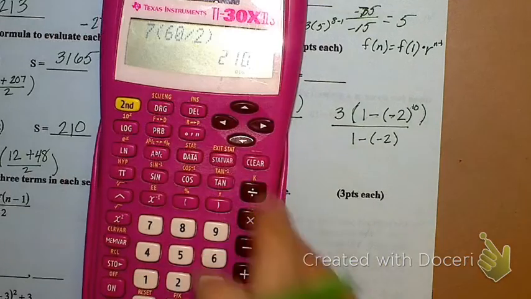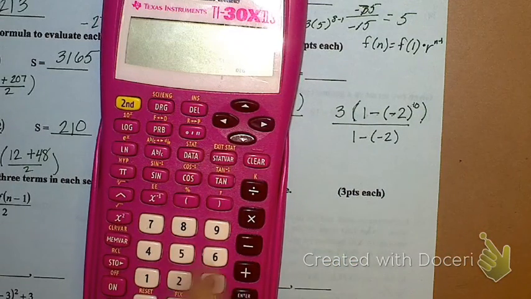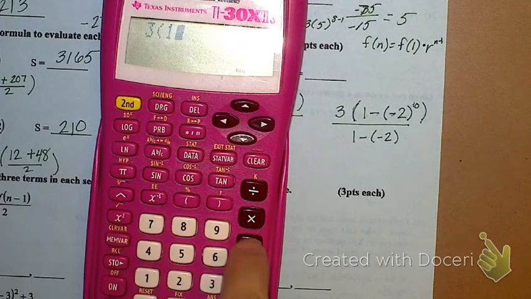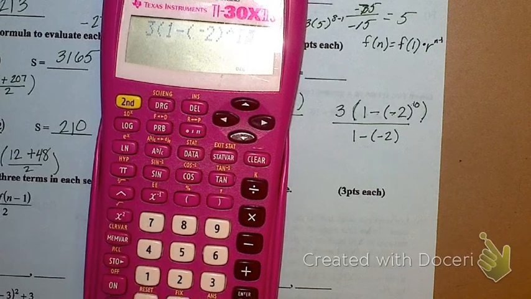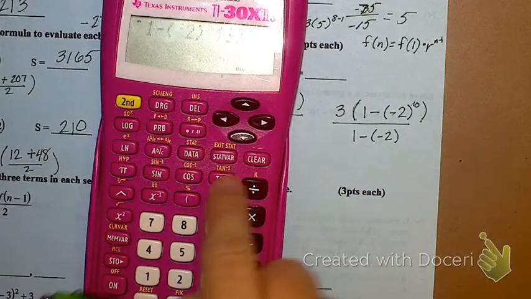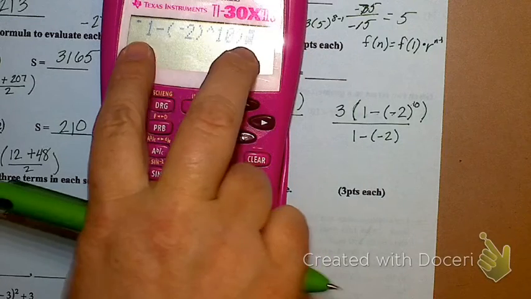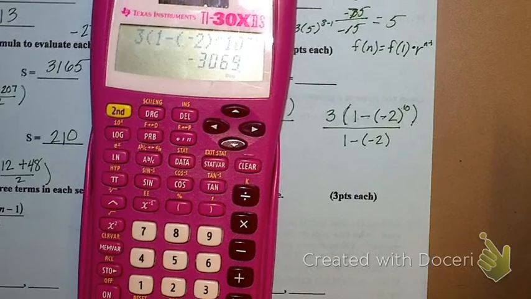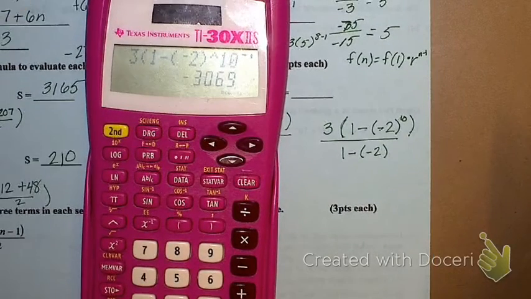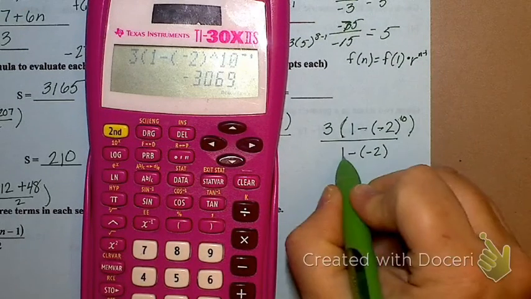So just make sure you have parentheses like that, and you can go 3 parentheses, 1 minus parentheses, negative 2 to the 10th, and then close that final parentheses. So negative 2 is in parentheses, and then that's in parentheses. That's what I get on the top. Does that make sense? Over 1 minus a negative 2.